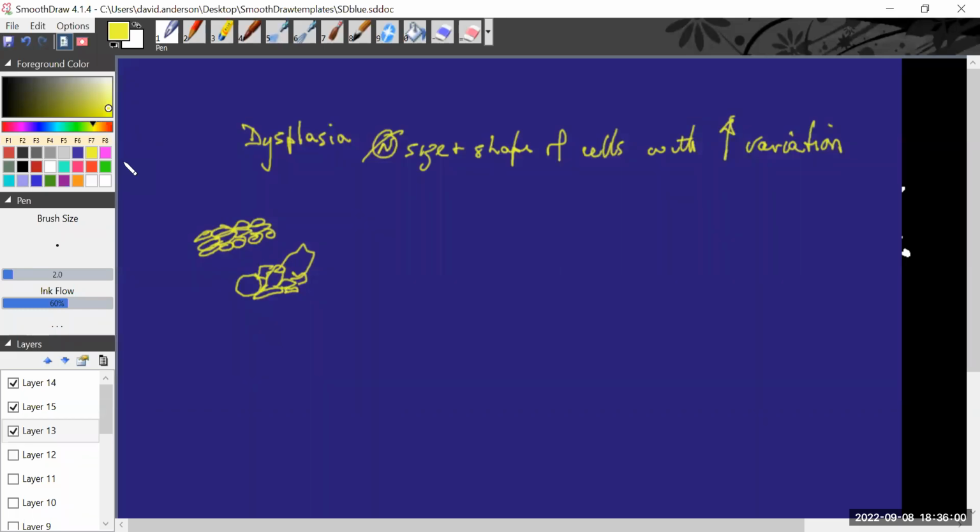This is probably precancerous. With dysplastic cells, we describe them as being pre-neoplastic, because neoplasia refers to cancer cells.